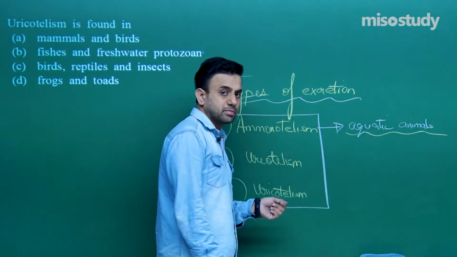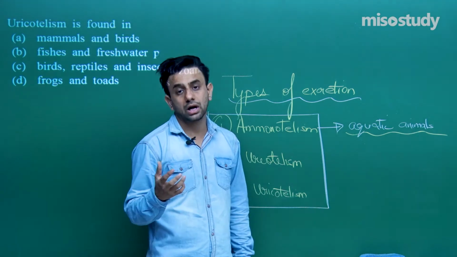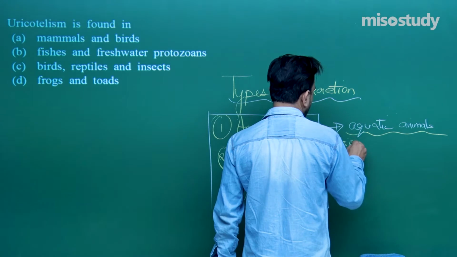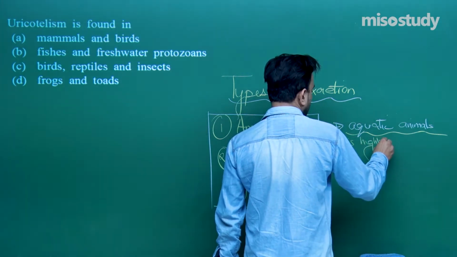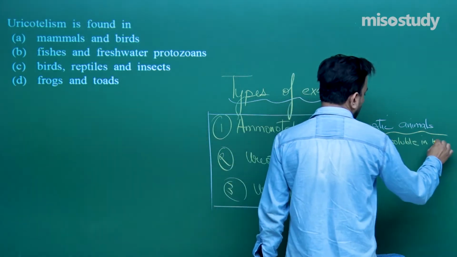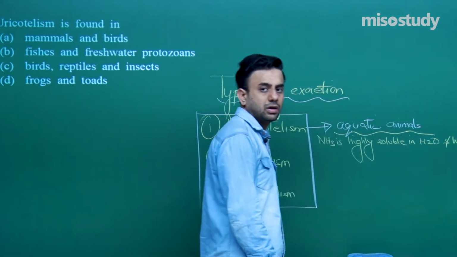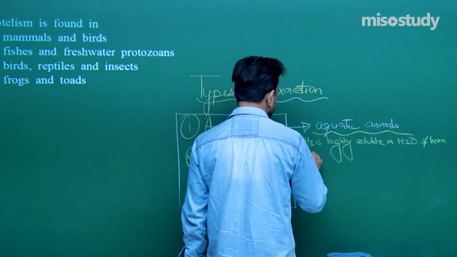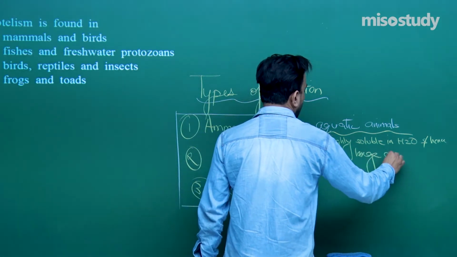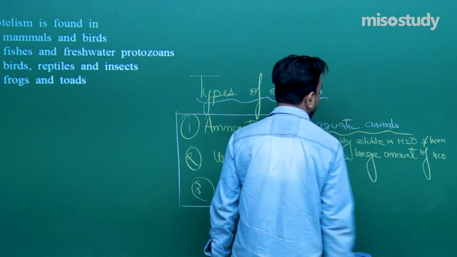Ammonotelism is seen in aquatic animals because ammonia is highly soluble in water and hence needs a large amount of water for its disposal.